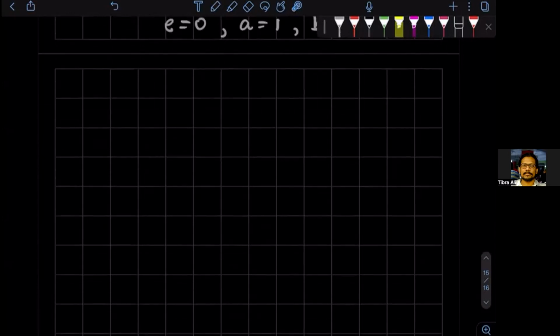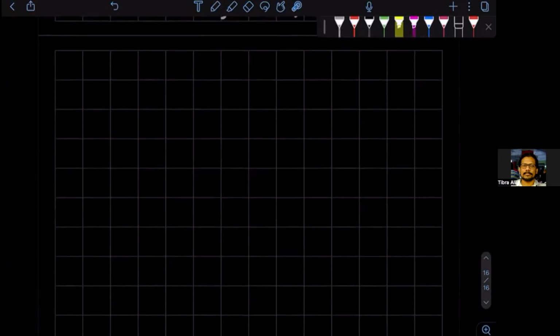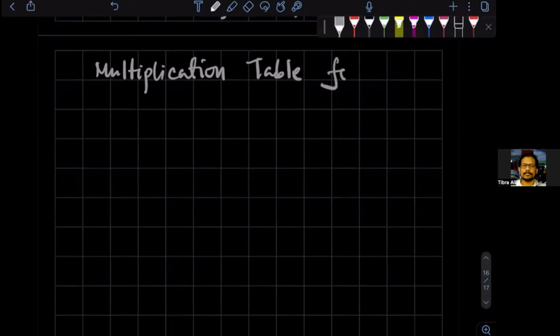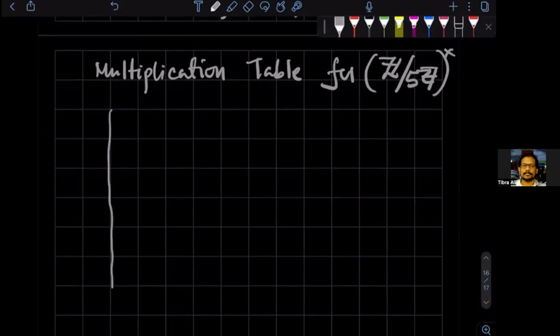Now let's make the multiplication table for the other group, the multiplication table for Z by 5Z. Okay. So if I do this, then what do we have?